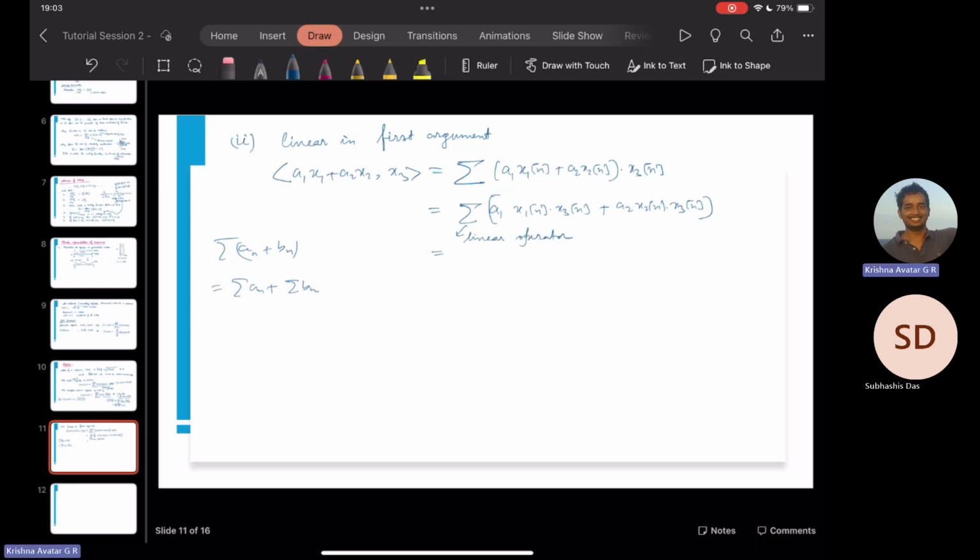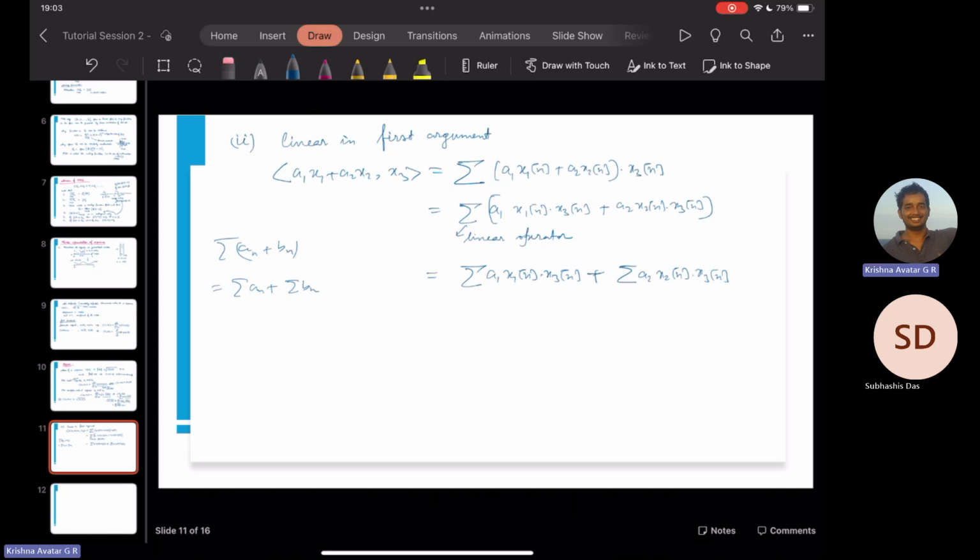This property follows from the linearity of the summation operator. So this implies that you can write a1 summation of x1[n] x3[n] plus again summation of a2 x2[n] x3[n].